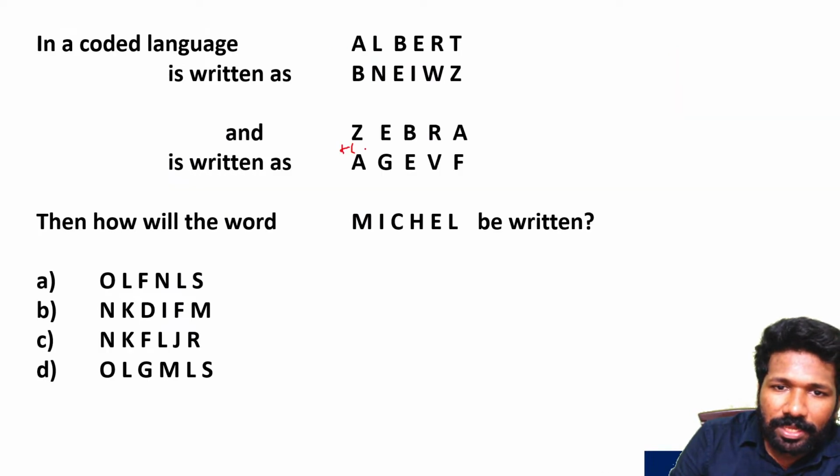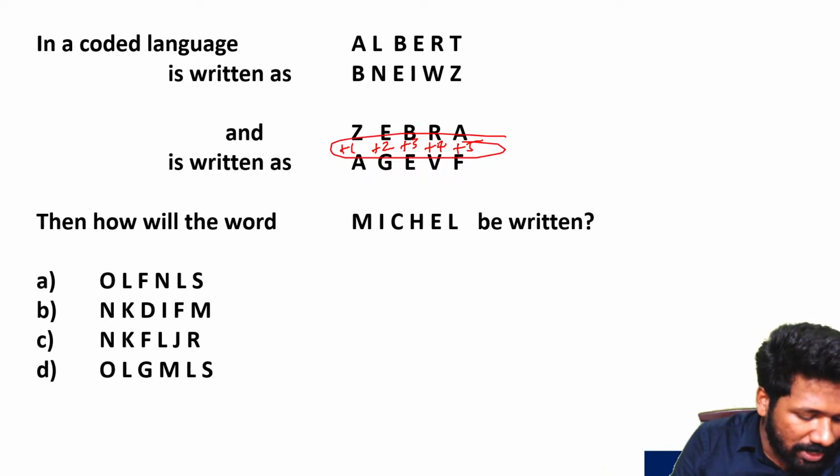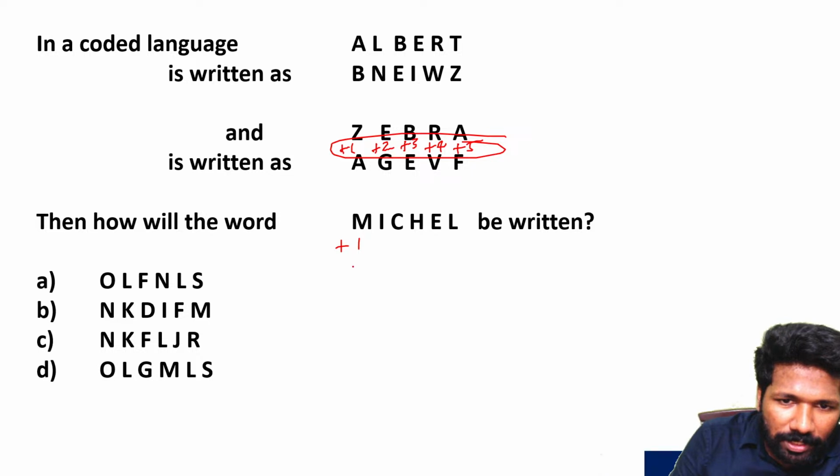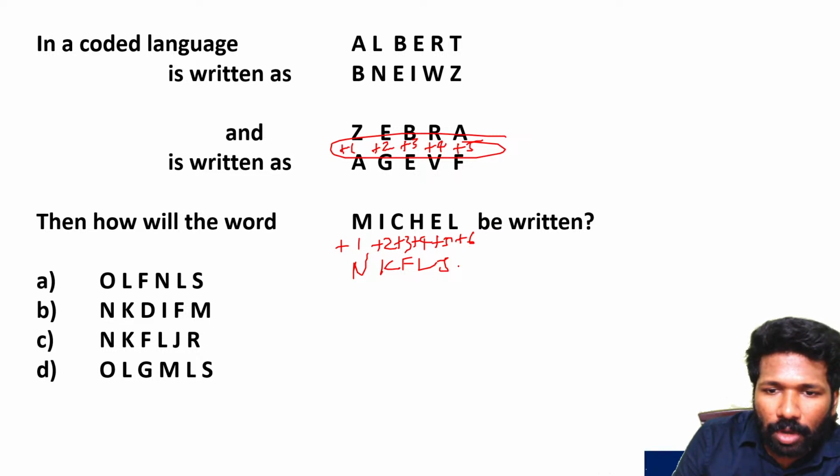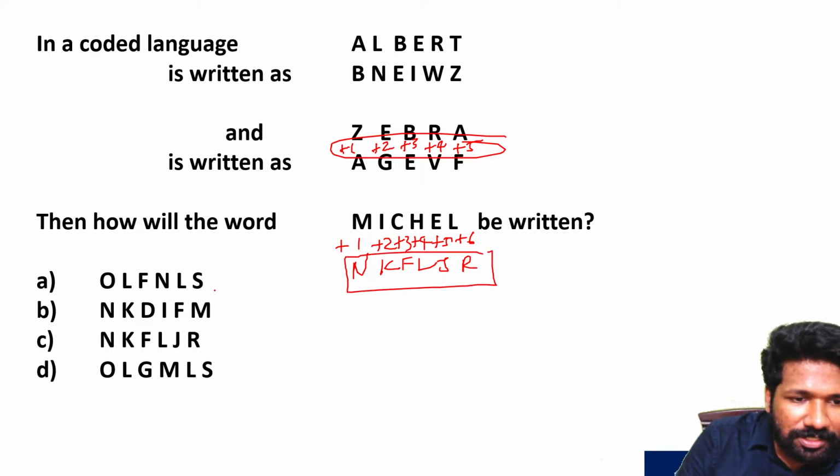E plus 2 is G, B plus 3 is E, R plus 4 is V, A plus 5 is F. So we understood that it is plus 1, plus 2, plus 3, plus 4, etc. So M plus 1 is N, I plus 2 is K, C plus 3 is F, H plus 4 is L, E plus 5 is J, L plus 6 is R. So N, K, F, L, J, R.